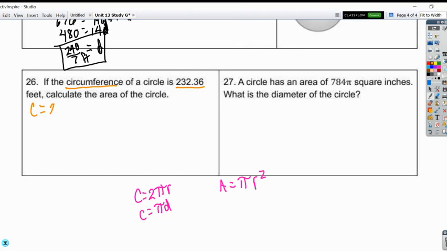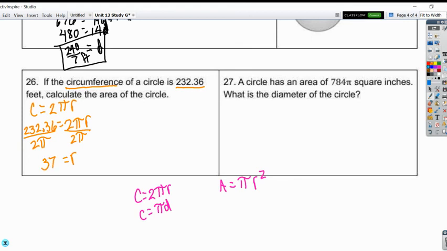So if circumference is 2 pi r, plug that in: 232.36 equals 2 pi r. I've got to divide both sides by 2 pi so that I can isolate the variable. I want to figure out what that r is. And so as we divide, radius is equal to 37.